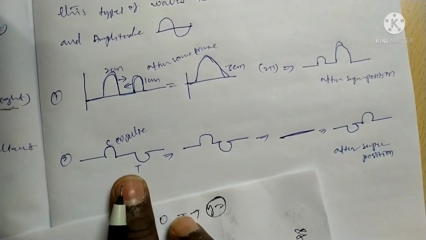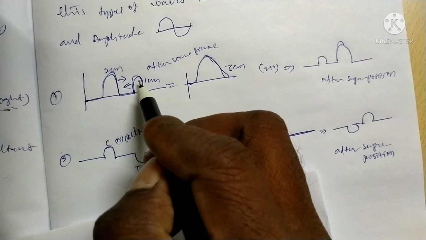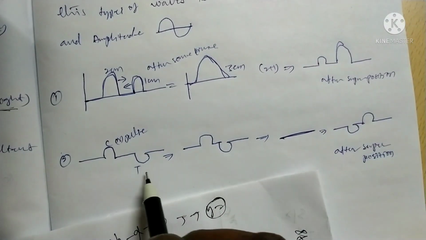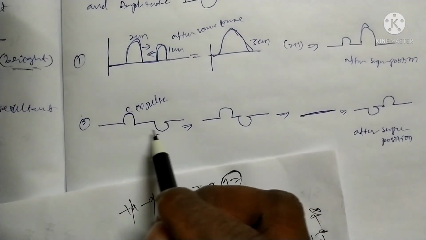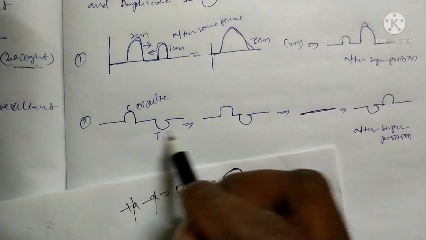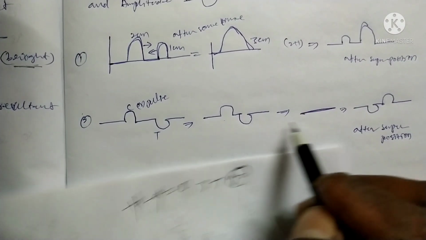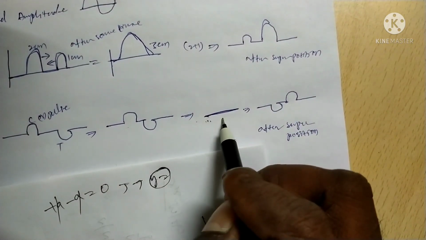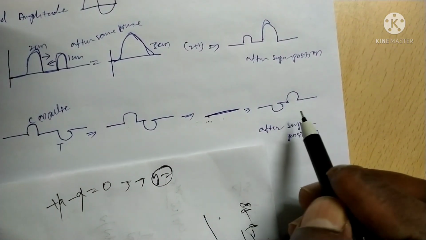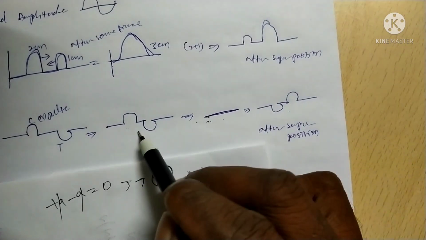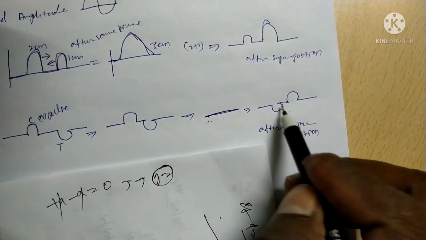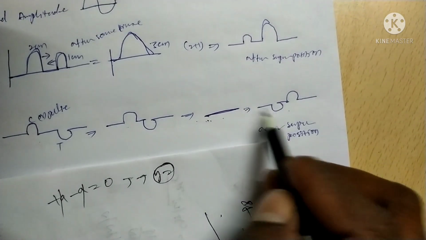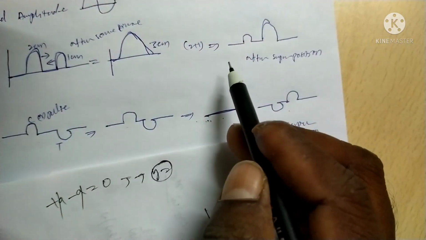Also crest and crest form the highest amplitude. Next, crest and trough: after a certain time they come closer, and the resultant displacement or amplitude is 0. After superposition the pulses separate like this, one upward and one downward, like a mirror image.